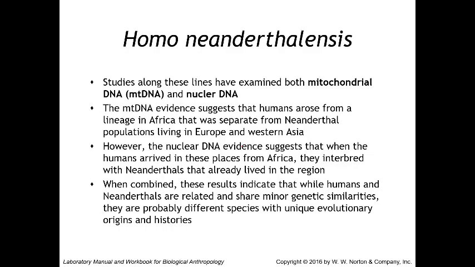However, the nuclear DNA evidence suggests that when the humans arrived in these places from Africa, they interbred with Neanderthals that already lived in the region. When combined, these results indicate that while humans and Neanderthals are related and share minor genetic similarities, they are probably different species with unique evolutionary origins and histories.